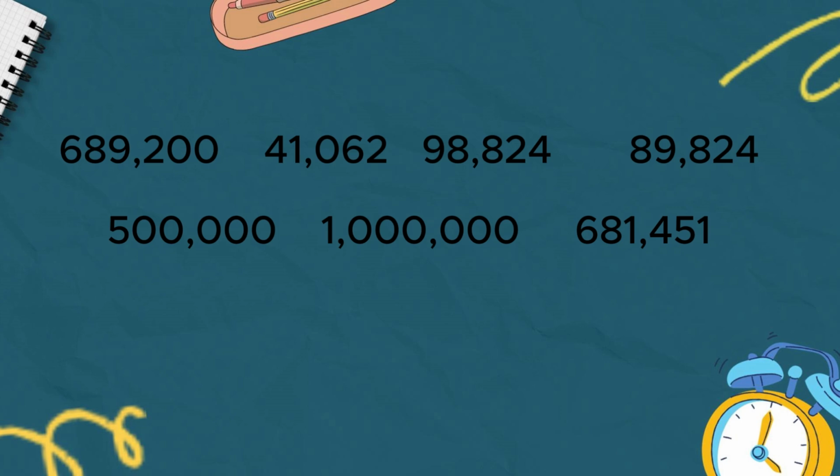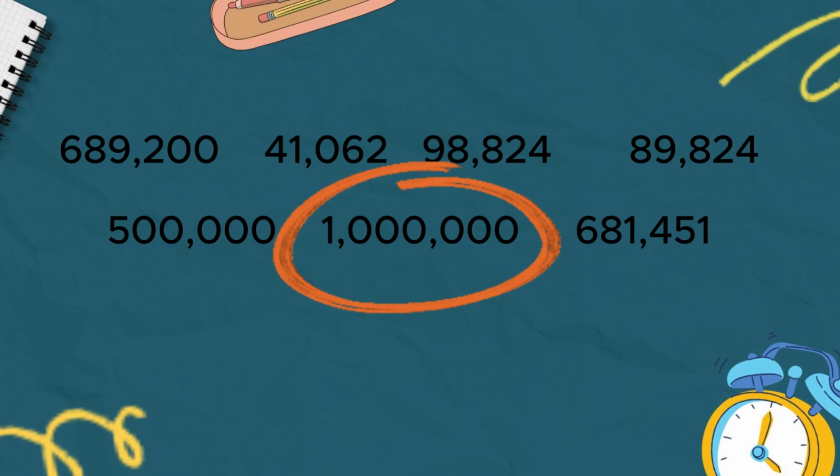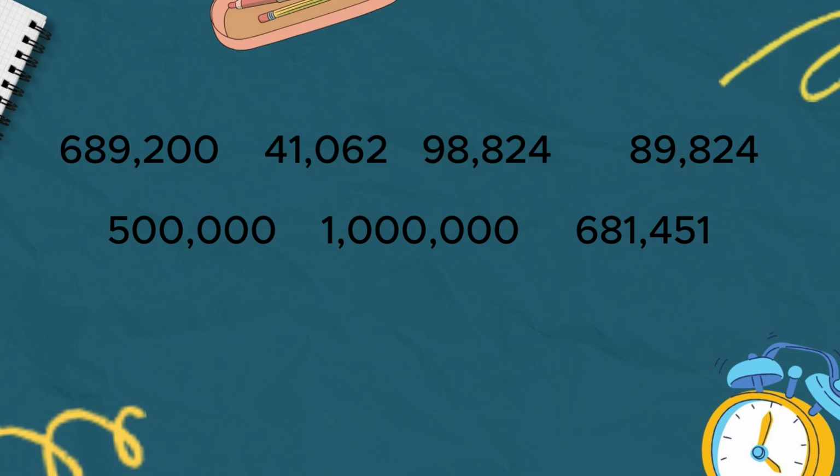Okay, so all the numbers except 1 million have 2 periods. Since we will arrange this from least to greatest, of course, 1 million will be in the last order. So we will just put it here.